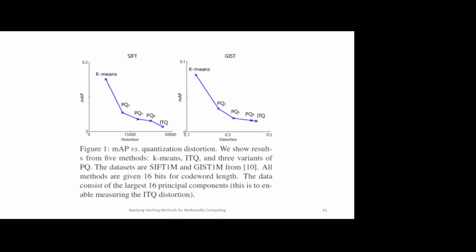All the others, PQ or K-means, are still real-valued vectors. If you compute with real values, but ITQ computes as a binary code, it's extremely fast, much faster than the other methods. So it's a trade-off. You want to choose between the accuracy and the efficiency.